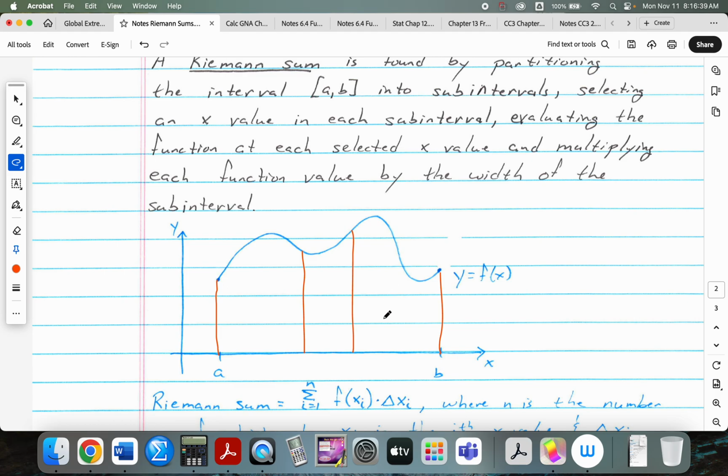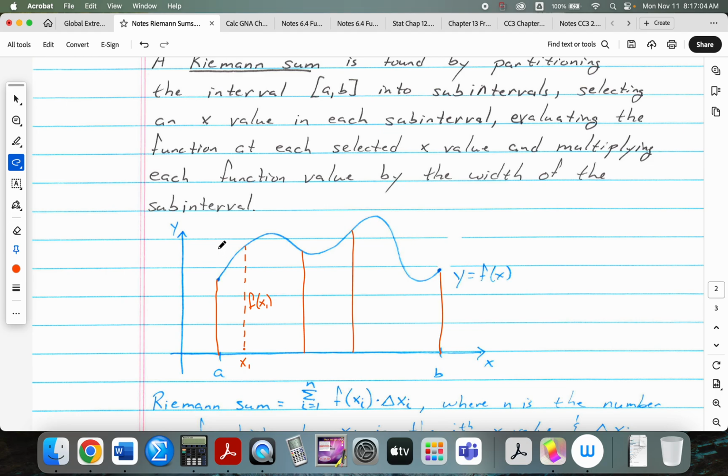I can use any point I want in that subinterval. So I'm going to go right here, and I'm going to call that x sub 1. And this height is going to be f of x sub 1.